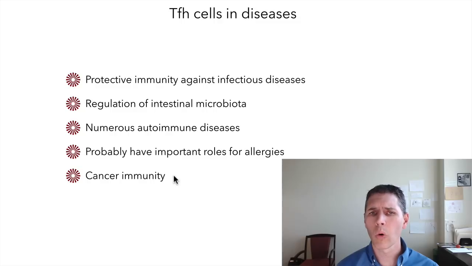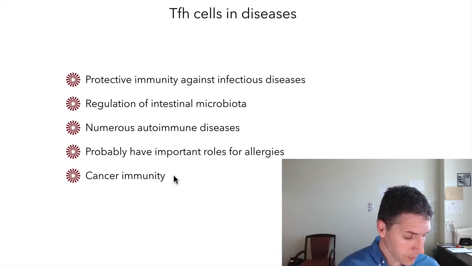And so it's unclear what role TFH may be playing there, but one possibility is that they're helping to nucleate other cells that may have a more direct protective role, but this remains to be seen.